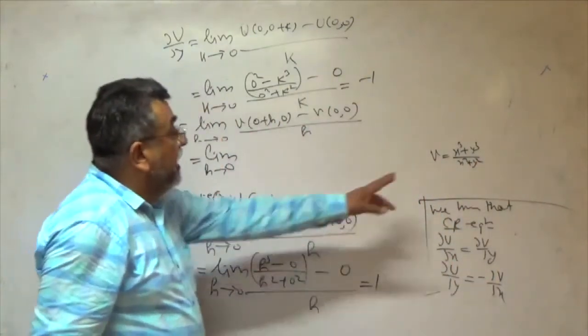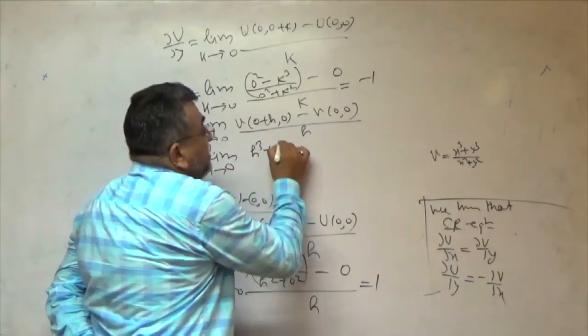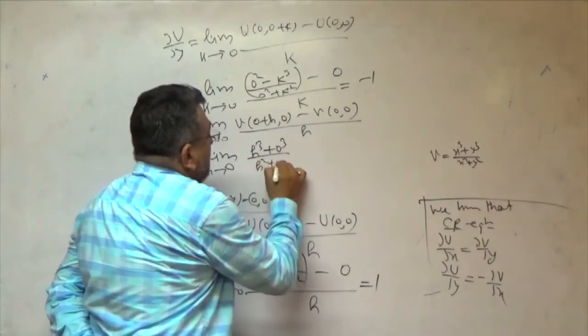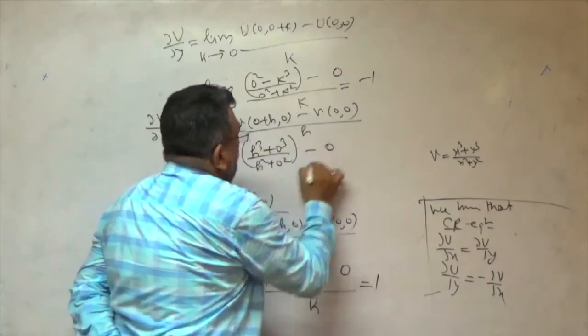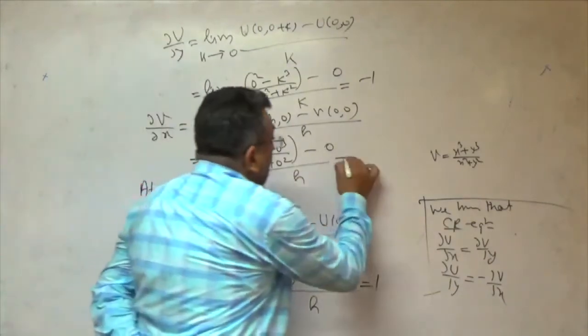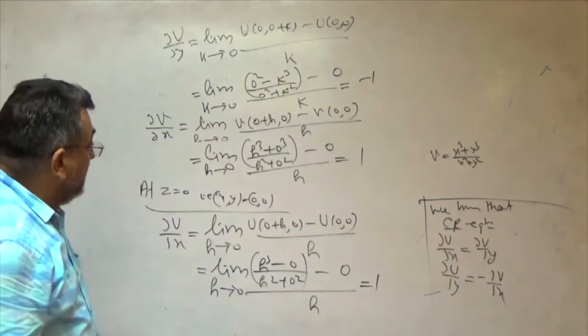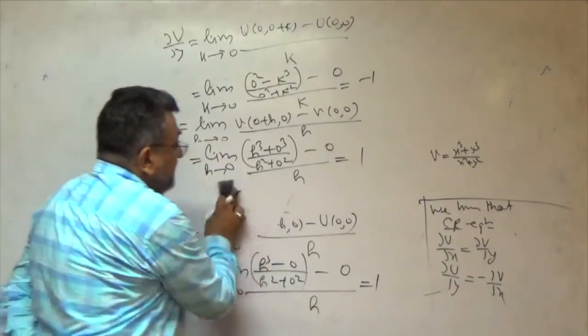So here we put x equal to h and y equal to 0. So here we get h cube plus 0 cube upon h square plus 0 square, minus 0, upon h. Again calculating, h cube cancels out. Finally we get 1. That is, again del v by del x exists.